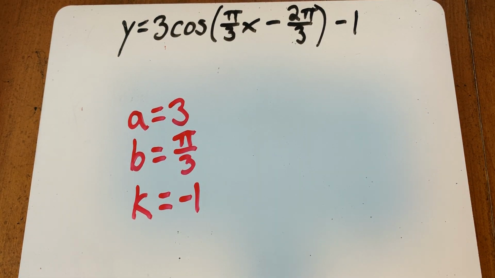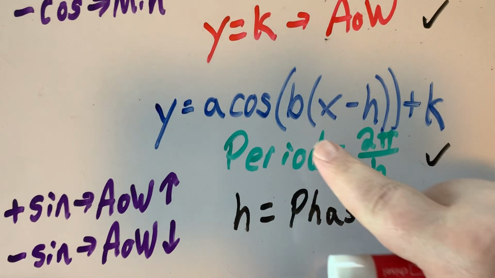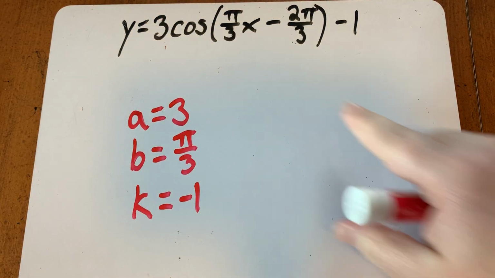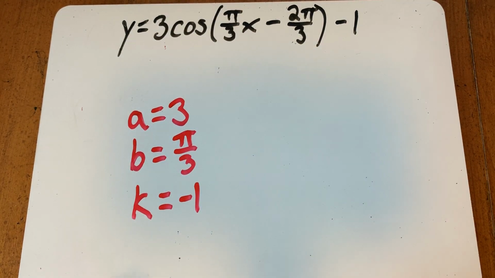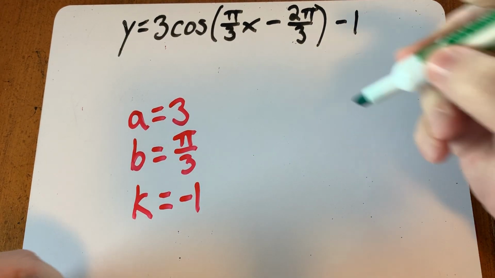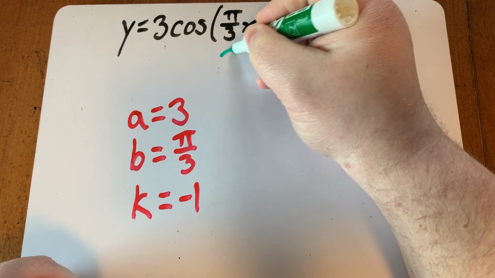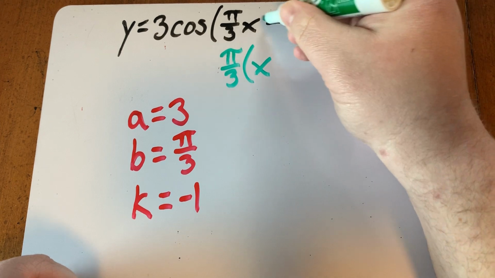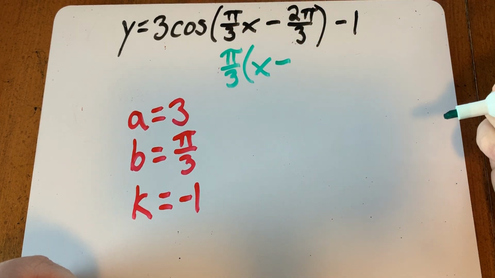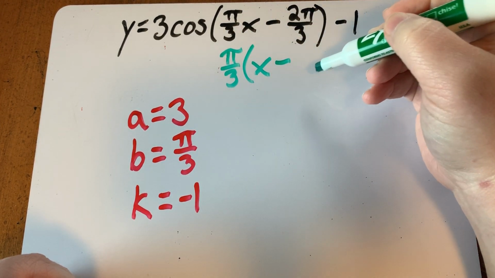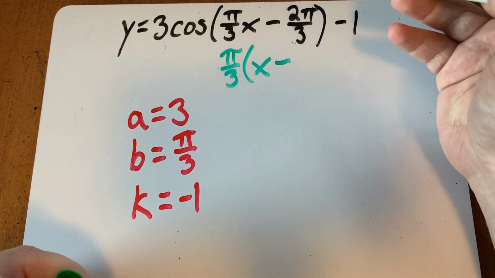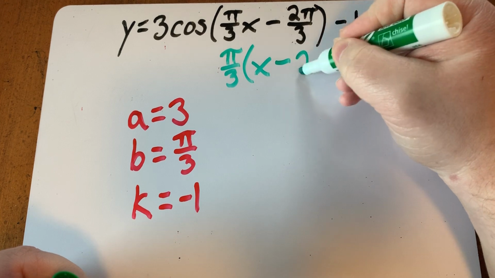The thing we need to do for H is that it's supposed to look like B times the quantity x minus H. That is not what we have, so we need to factor out B. B is pi over 3, so it's x. You're factoring out positive, so it stays negative. And if you're factoring out pi over 3 from 2 pi over 3, you're left with 2.